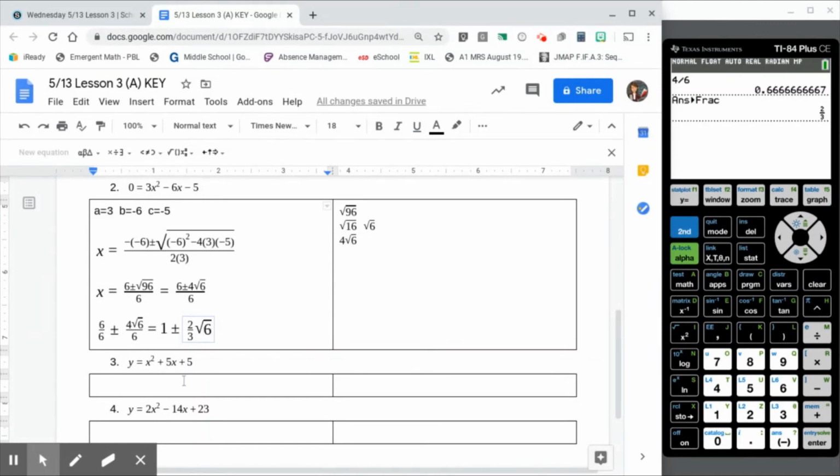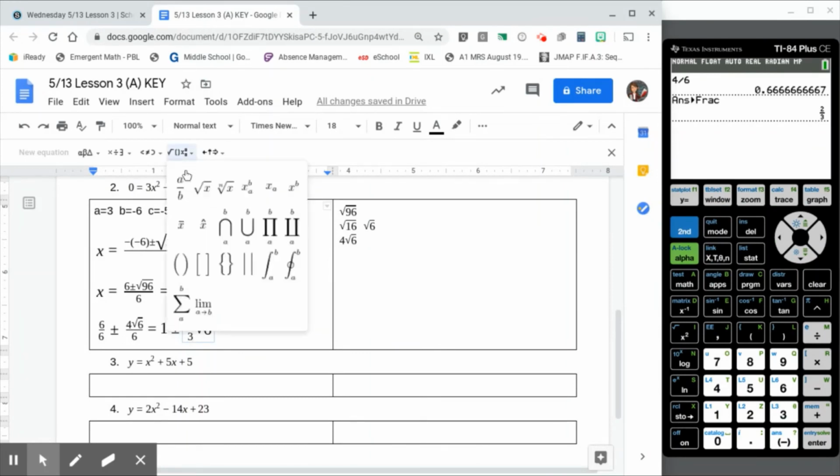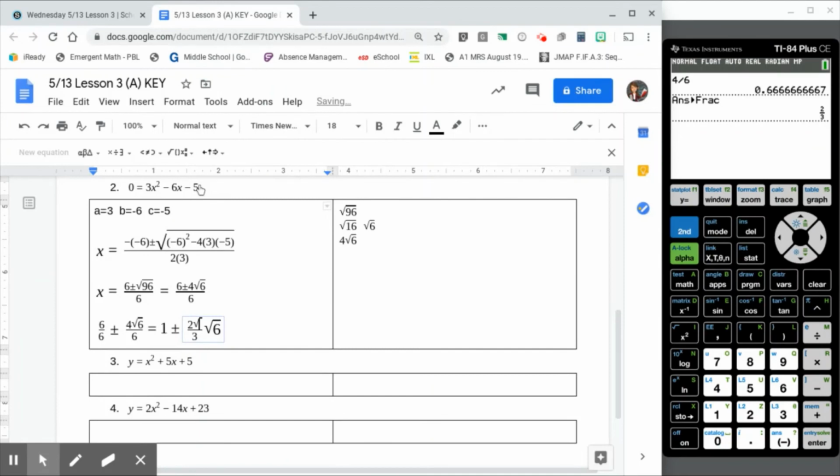Or you can write it as 2 radical 6 over 3. And that's our final answer, 1 plus or minus 2 radical 6 over 3.